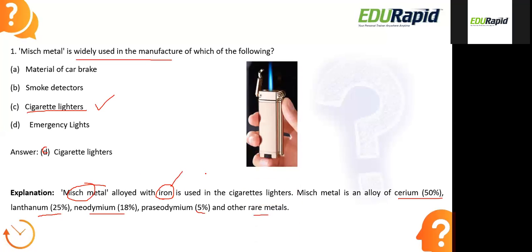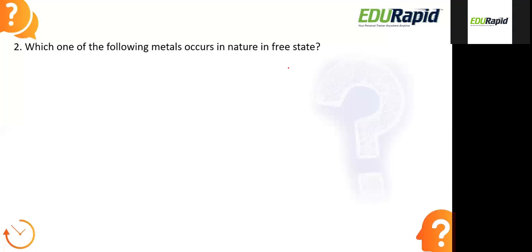Moving to the next question now. Which one of the following metals occurs in nature in free state? Gold, sodium, aluminium, copper.